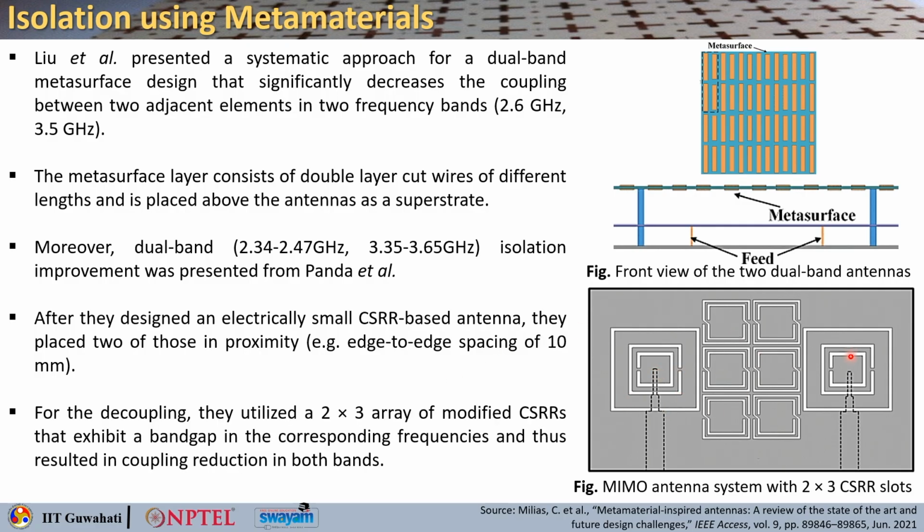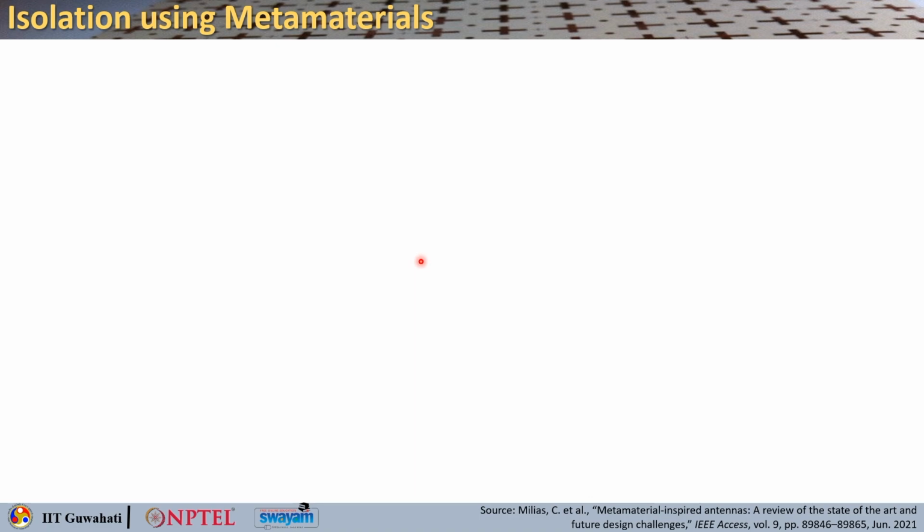And because of this, when they put this kind of a 2 by 3 array of modified split ring resonators or complementary split ring resonators, that could exhibit a band gap in the corresponding frequencies, and they allowed reduction in the coupling in both of these bands, okay.